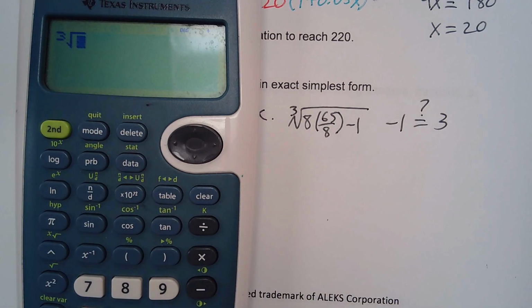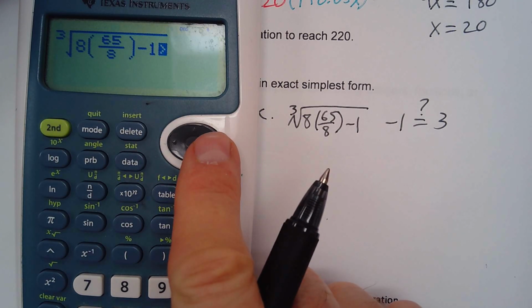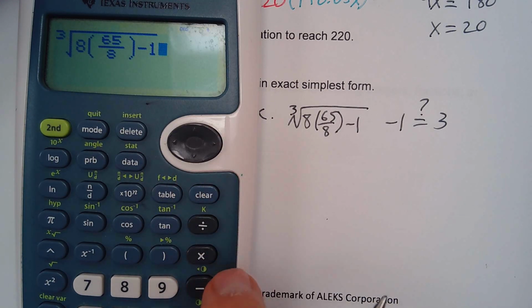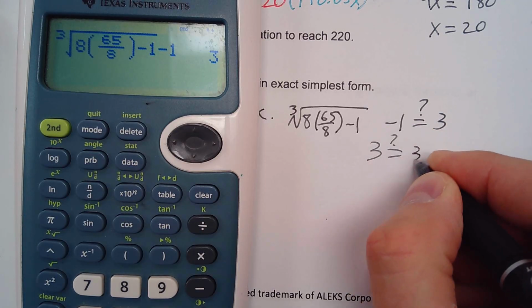My 3 should push up. 8 parentheses, fraction key, 65 over 8. Close the parentheses. Subtract 1. And then remember, hit your right arrow key to move out. Because that second subtract 1 is not underneath the radical. We get 3 equals 3, so it does check.